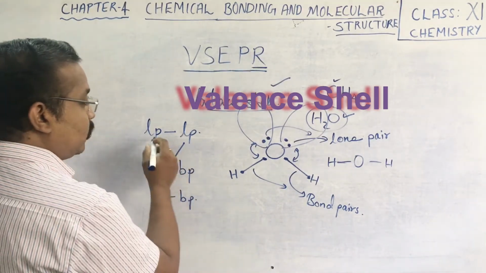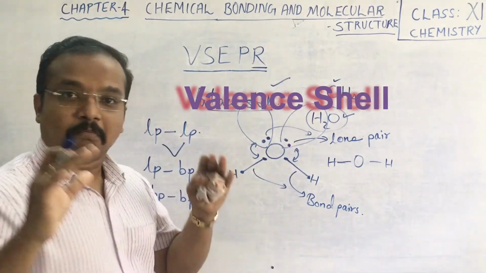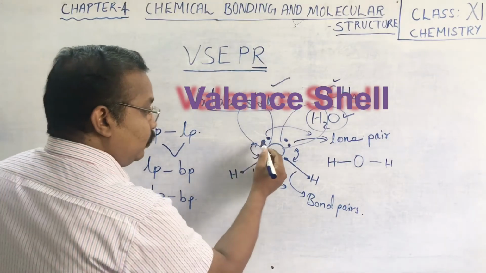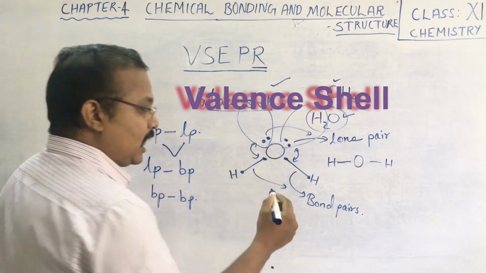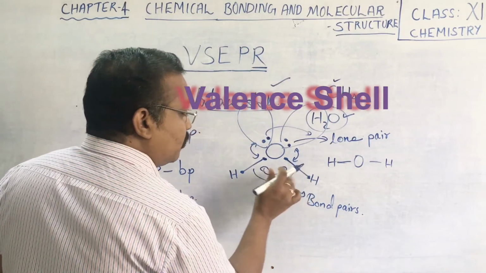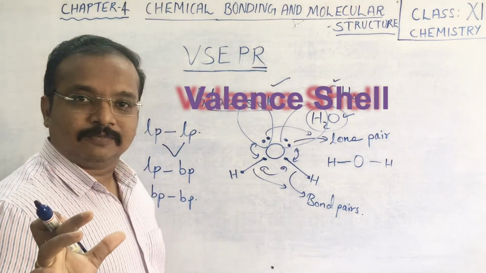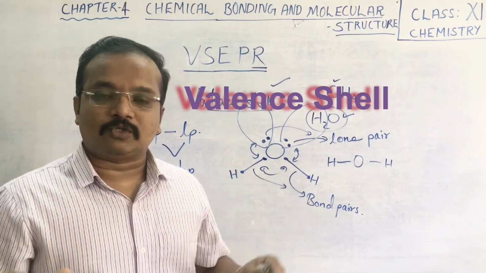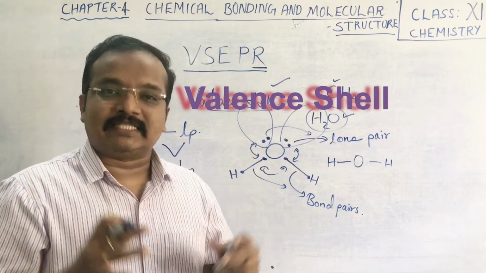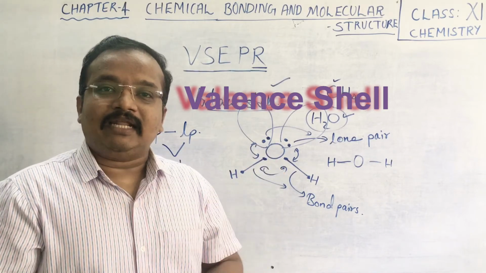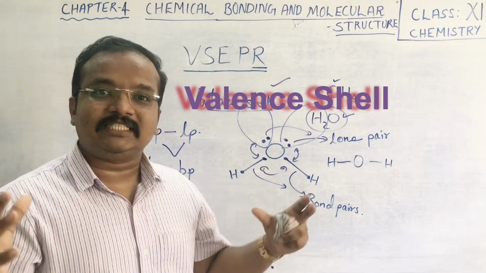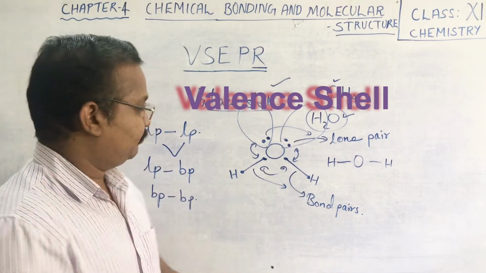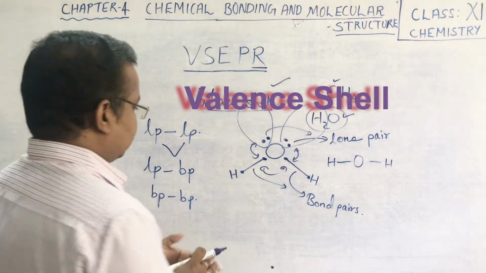Because lone pair repulsion is maximum as compared to lone pair to bond pair, and only then does the bond pair repulsion come. Whenever a lone pair is present in the central atom, it experiences the maximum repulsion. Let me take another example.